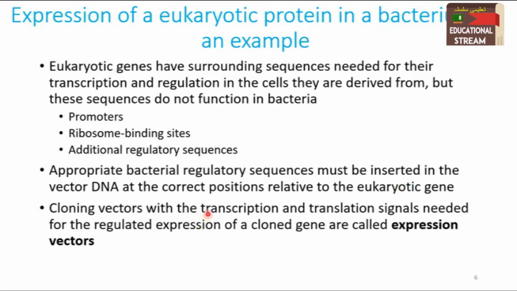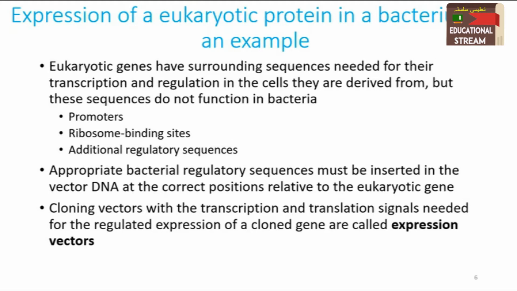The cloning vectors with the transcription and translation signals needed for the regulated expression of a cloned gene are known as expression vectors. The rate of expression of a cloned gene is controlled by replacing the gene's normal promoter and regulatory sequences with more efficient and convenient versions supplied by the vector.